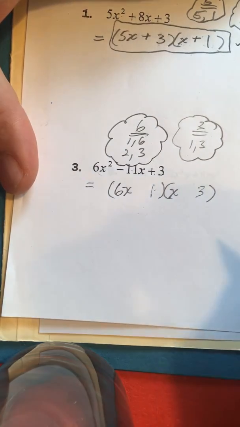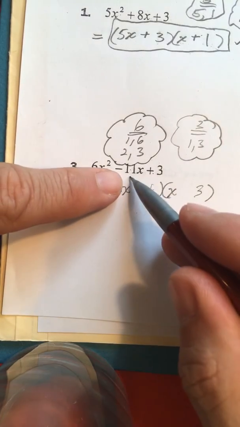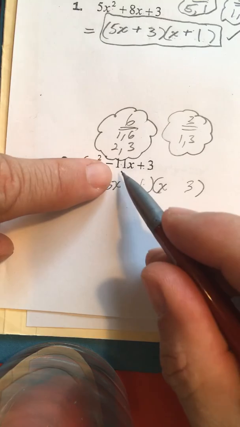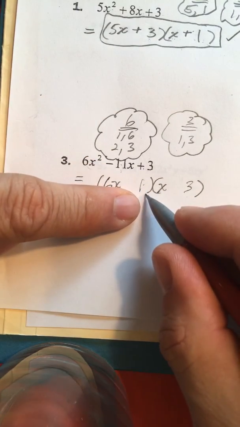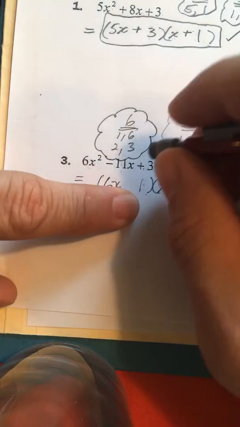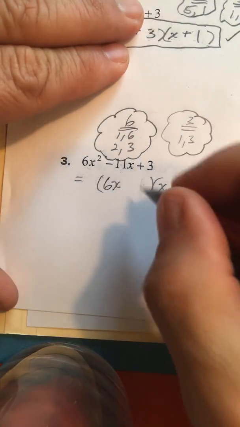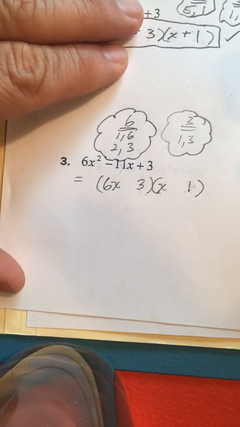Maybe this is a 1 and this is a 3. And now we check. Can I create a -11? And these are the type of questions you want to ask as you work through these. Can I create a -11 with an 18 and a 1? And the answer to that is no. So we're going to switch these guys up. Put a 3 here and a 1 here. And I got to check it again.